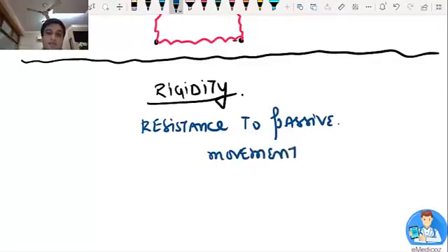So there's a movement that we do on the patient's joint, either flexed or extended. This is known as a passive movement and the patient doesn't spend any energy on it. If I move my joint, elbow, flex or extend, it's active. You come and do it on me, it's passive. Now how does this rigidity look like?